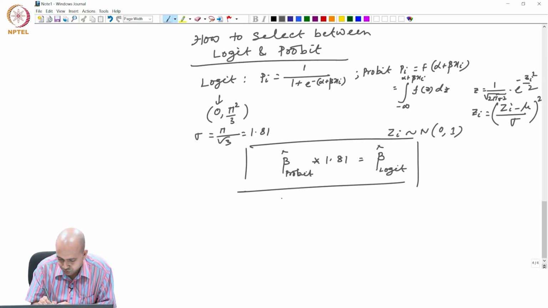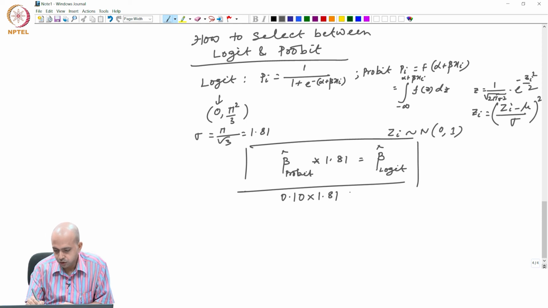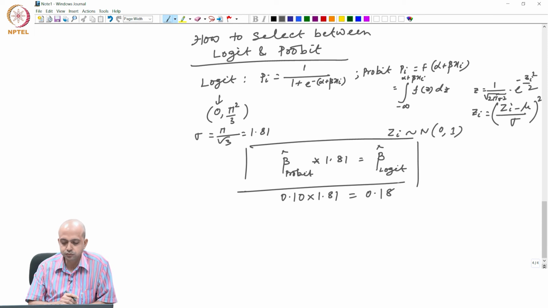So the Probit estimate equals 0.10 multiplied by 1.81, which equals 0.18. Okay.